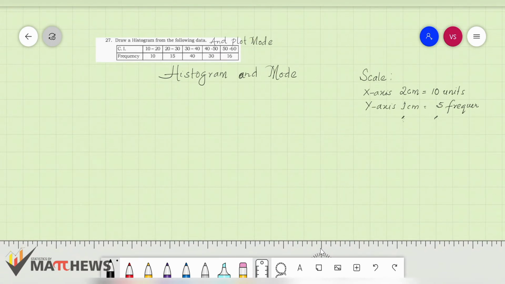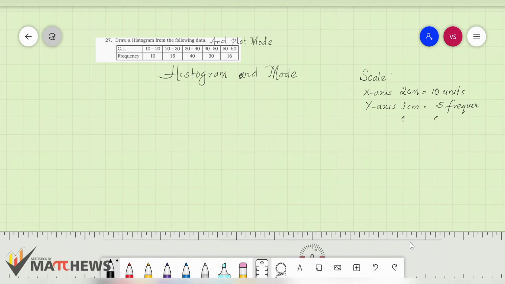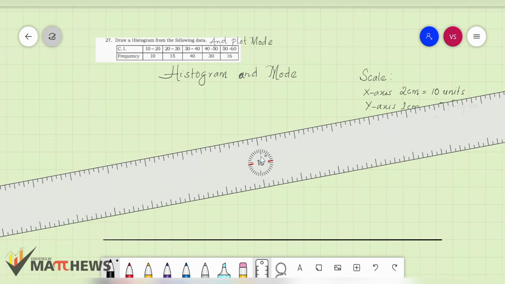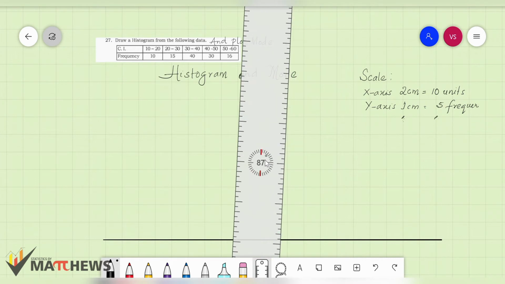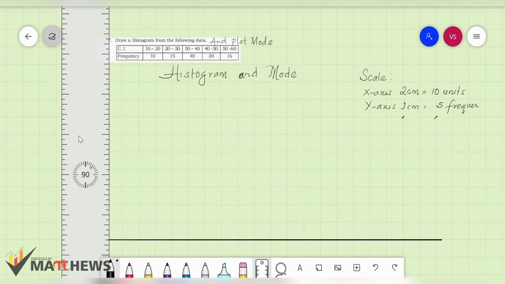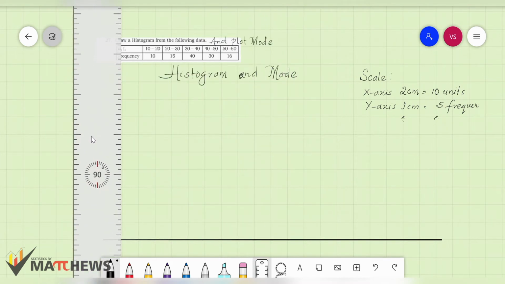I will take a little thicker line for it so that it will be easy for you to understand the difference between the axes and the points. This is what I am going to take on the x-axis. On the y-axis, students, the same. On the y-axis, I am going to draw a line. This is the y-axis for us.